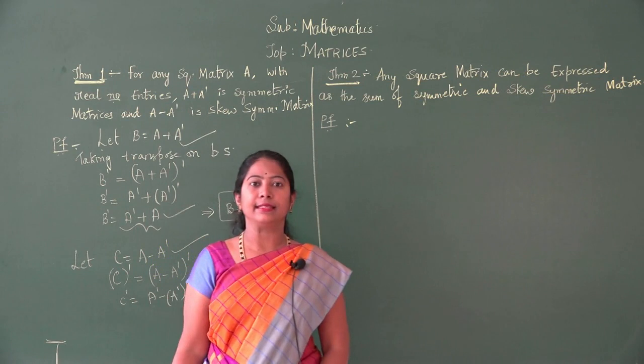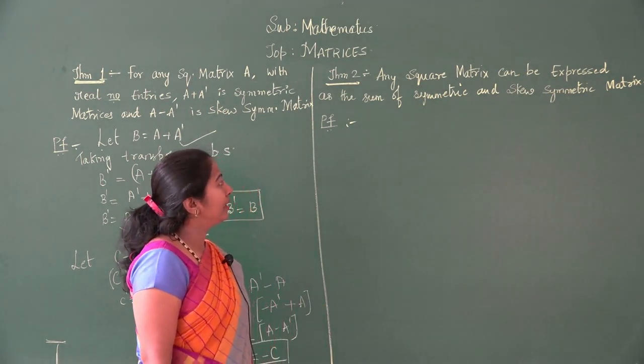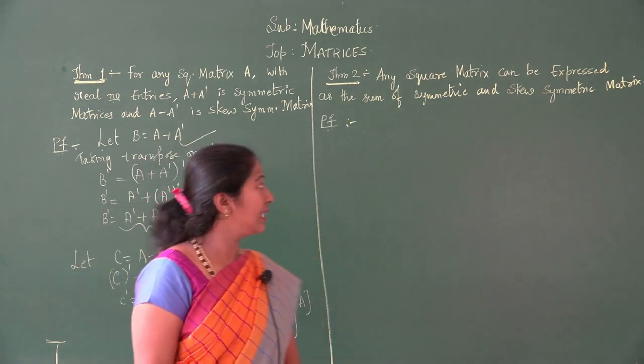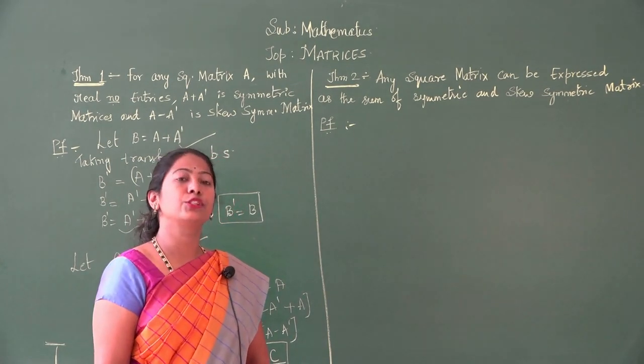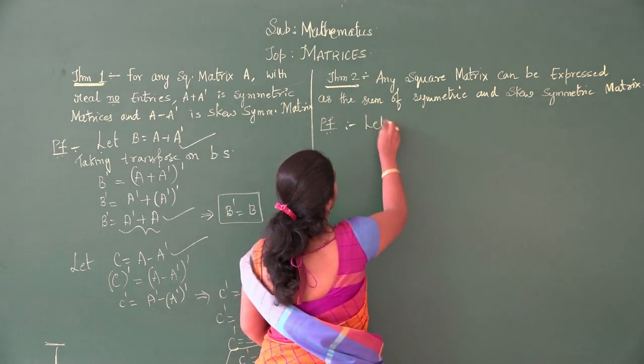Moving on to the second theorem, for any square matrix, we can express it as a sum of symmetric and skew symmetric matrices. Any square matrix can be expressed as a sum of symmetric and skew symmetric matrices. Proof. Let A be a square matrix.